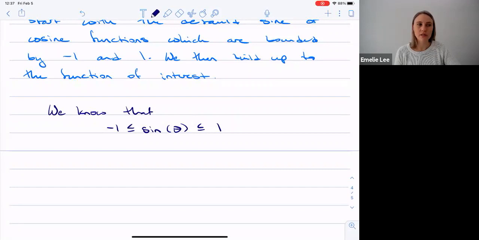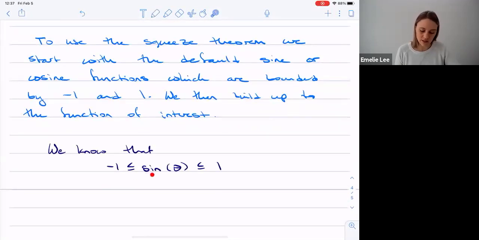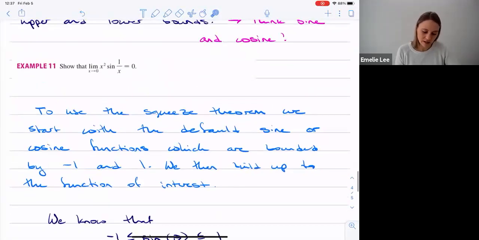So that's where you're going to start, depending on whether you have a cosine or a sine in the function that you're interested in. Either way, it's going to look like this: -1 is less than or equal to the cosine of theta, which is less than or equal to 1. Then what I can do is let theta be 1/x. So then I've got this section under control, the sine of 1/x.